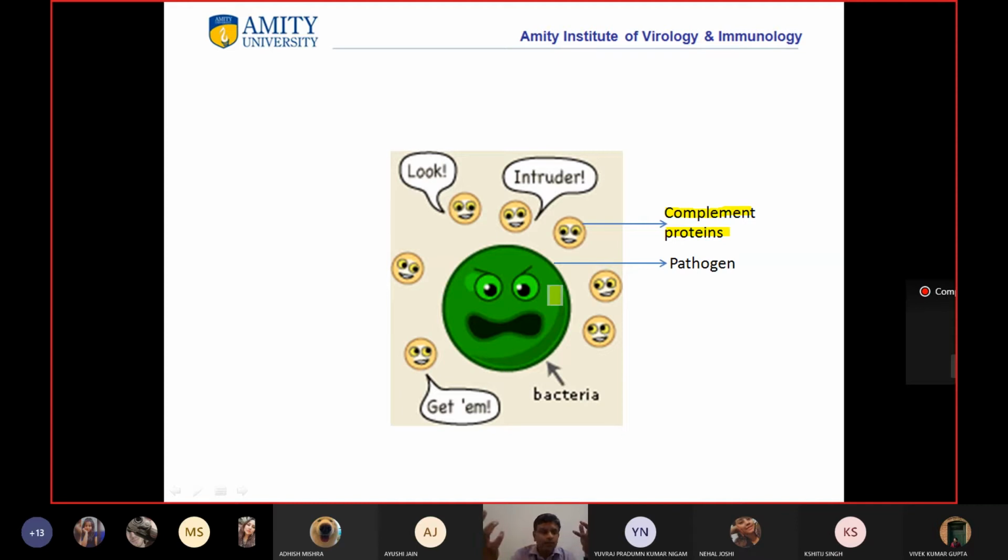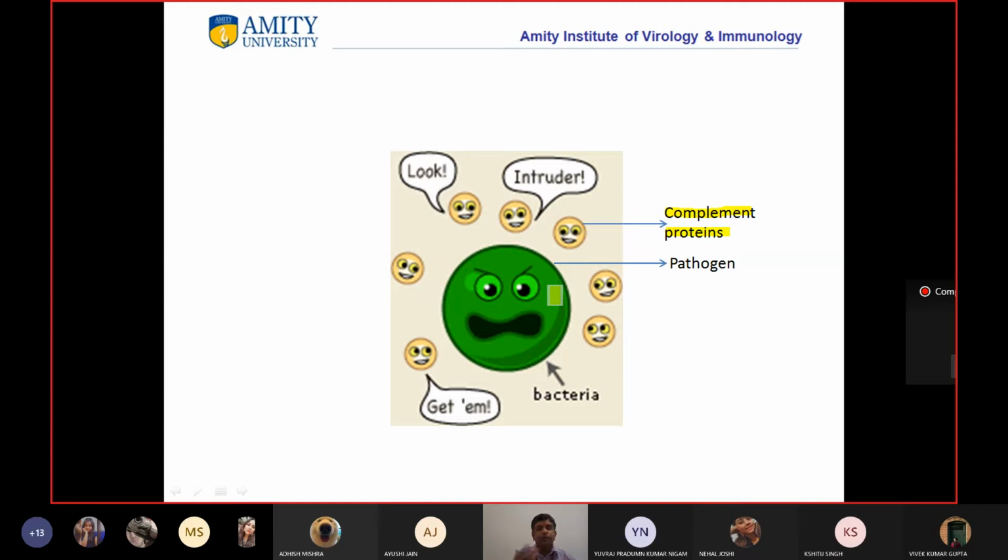You can see this cartoon, and how the complement proteins are very excited to see a pathogen because now they will get activated, and I will discuss how they get activated. They are there in our system, but not in an activated form. They get activated only when required.